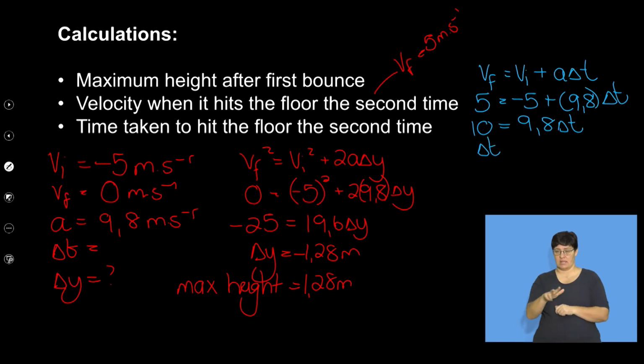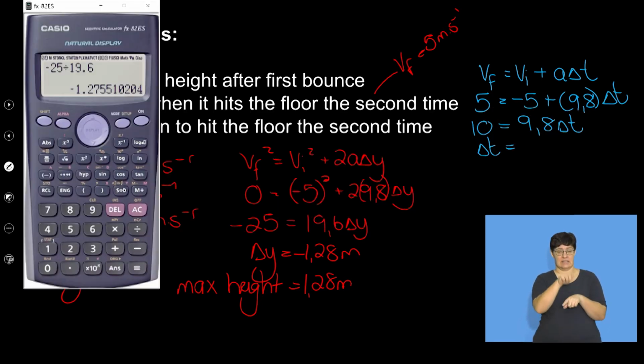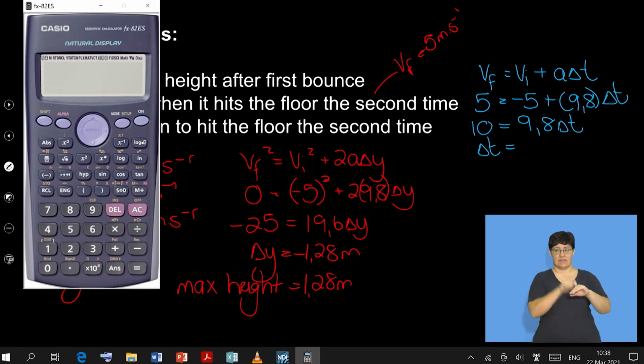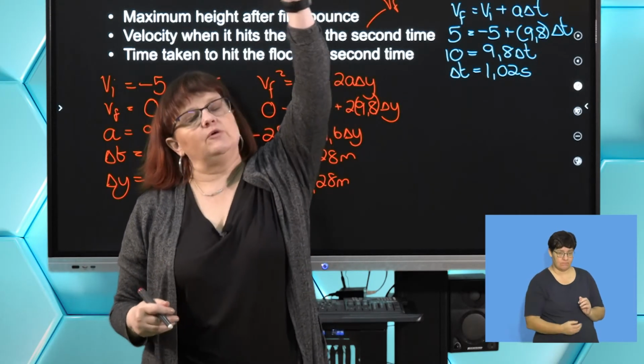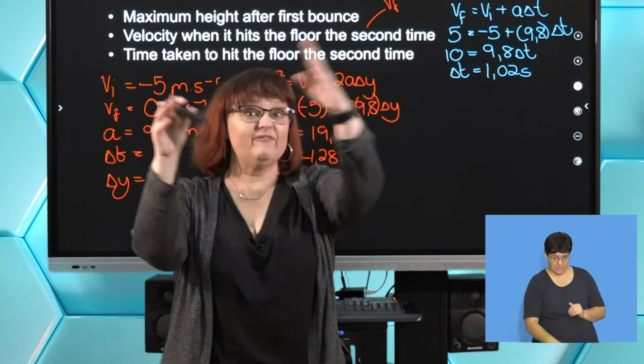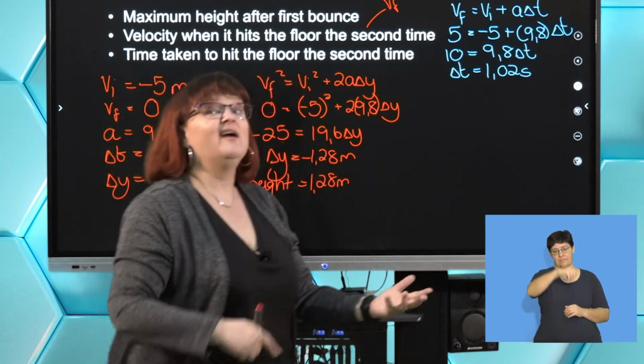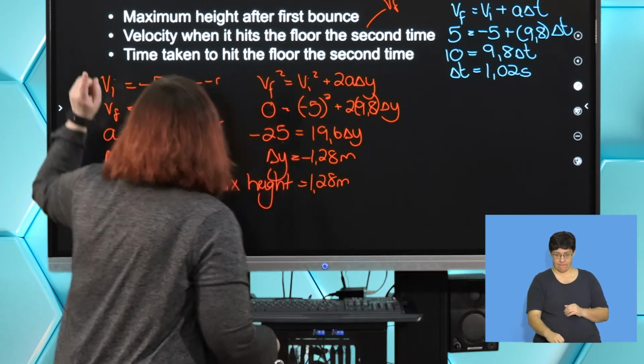And so delta t is going to be 10 divided by 9.8, and we get 1.02 seconds. So that's the time it takes to go from the floor, get to the top, get back down.